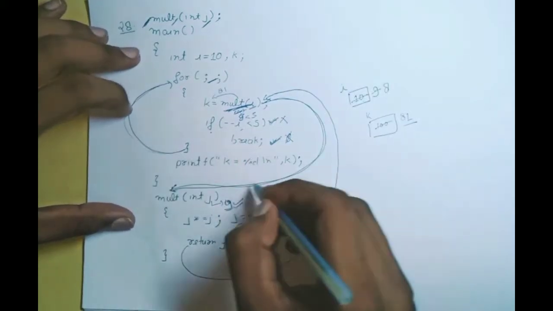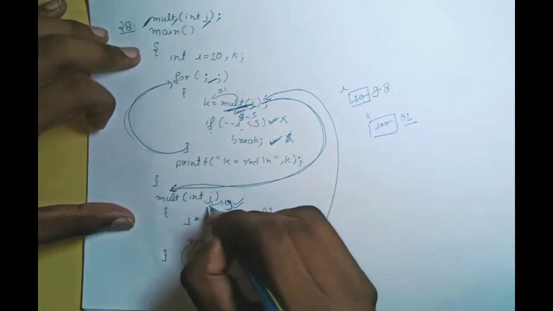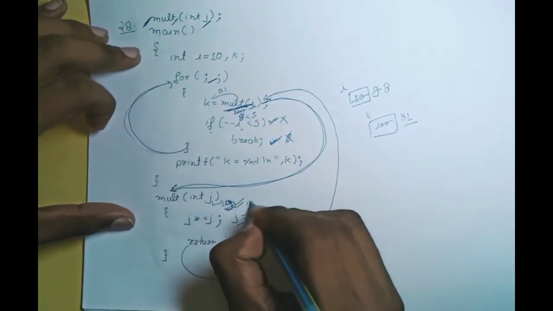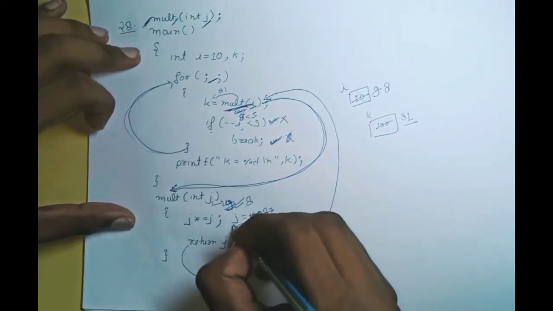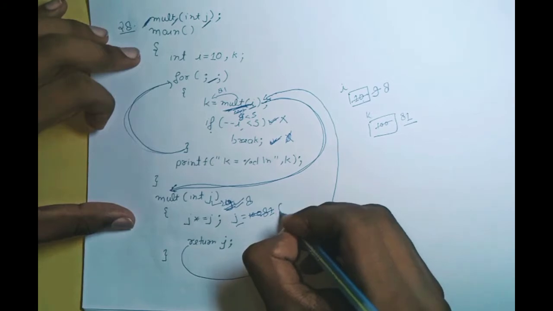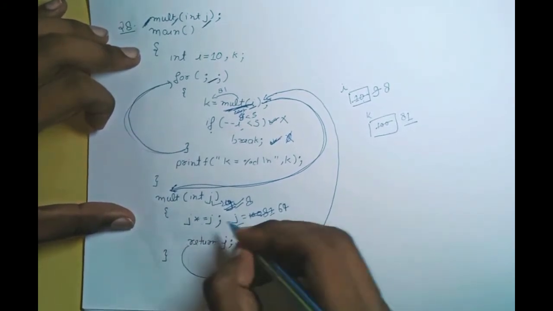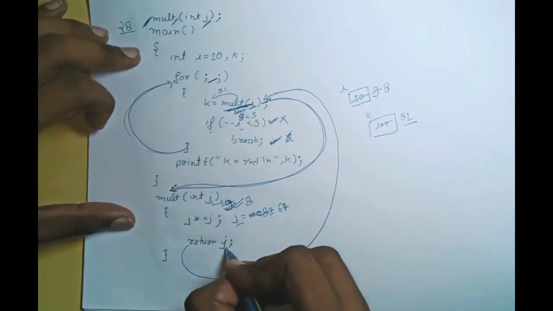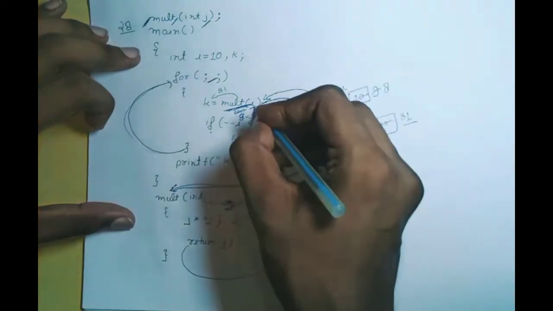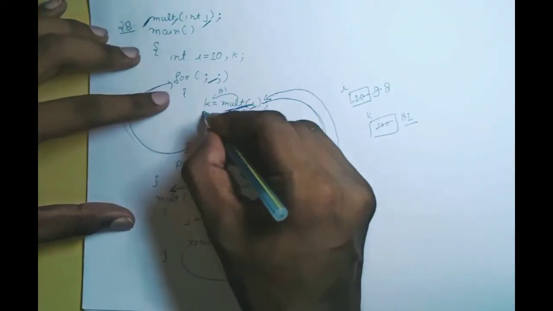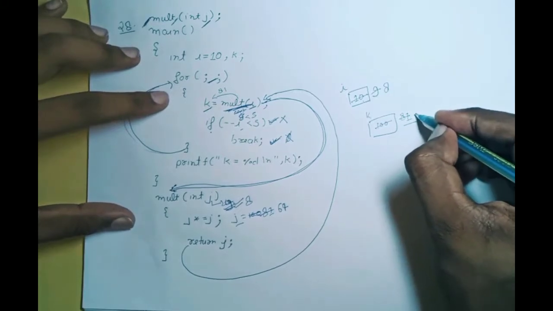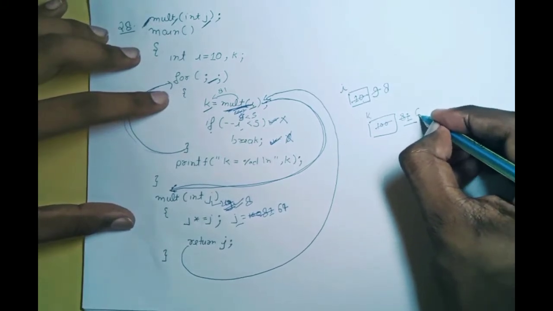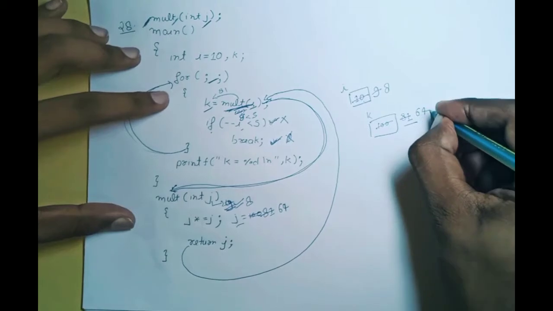The value of j is now 8, and we square it, so 64 is stored in j and also returned by this function, and that 64 is stored in the variable k, which means 81 gets overridden by the value 64.